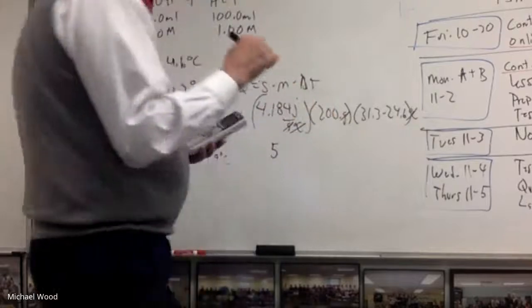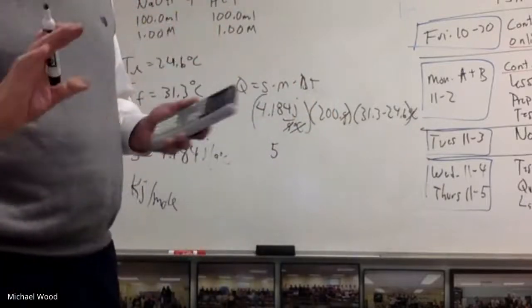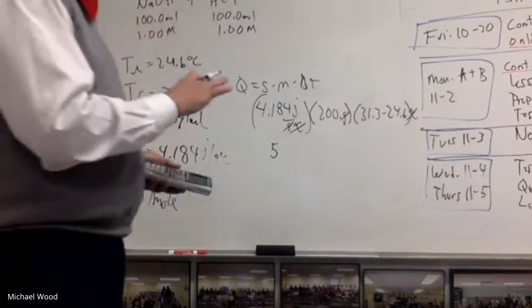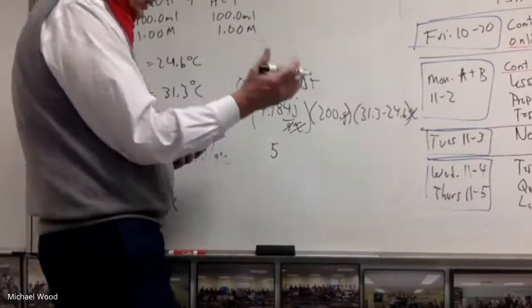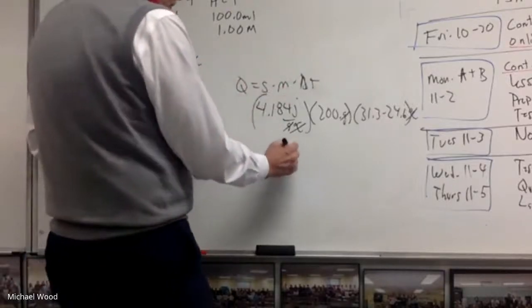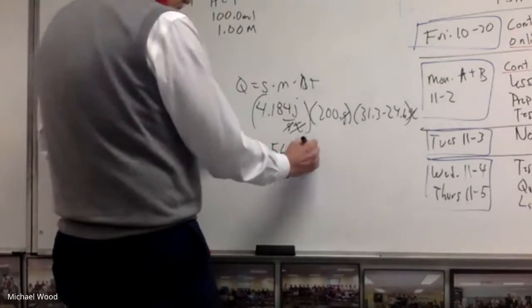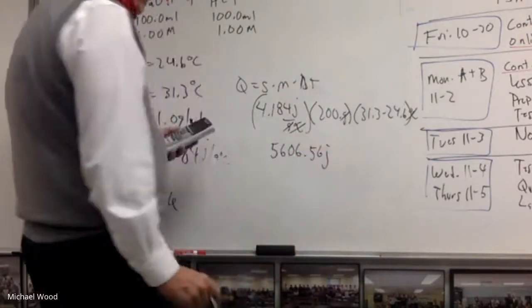So when it's a calorimeter problem, and again, it doesn't matter what kind of calorimeter, it's going to be SMAT, or, as I'll show you in a second, SMAT plus CAT. So if I write this out like that.